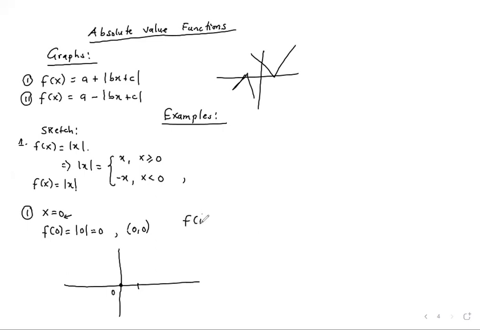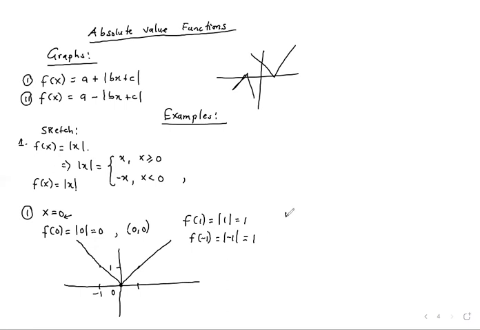What is f of 1? F of 1 is the modulus of 1, which is 1. So we have 1, 1. Pick a number less than 0. F of -1, the modulus of -1 is just 1. So we have -1, 1. So we know this is going up, this is going down. So we have sketched our function.